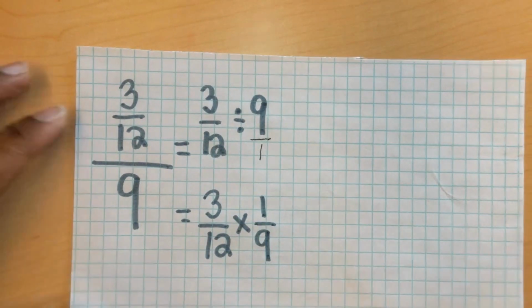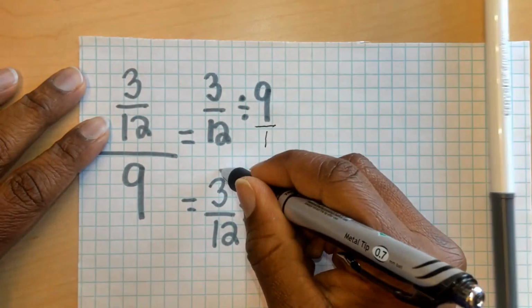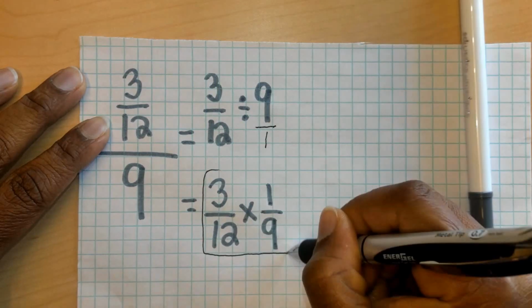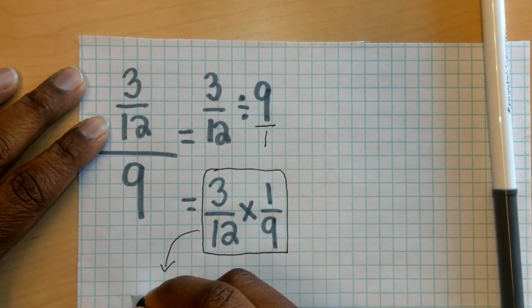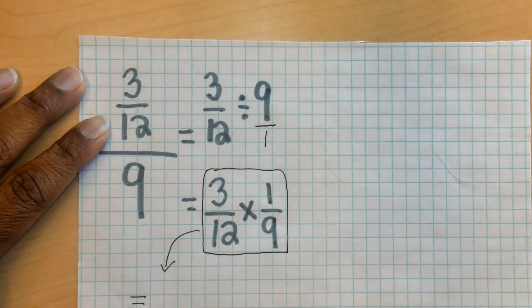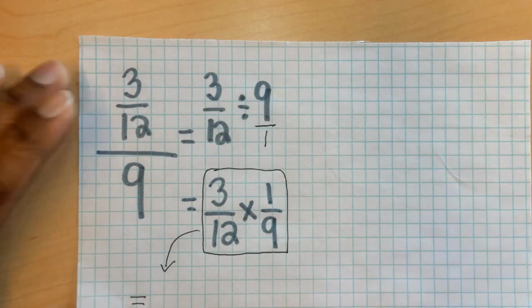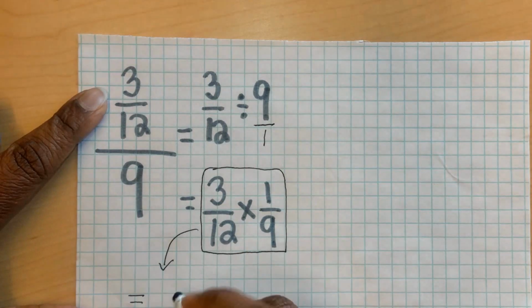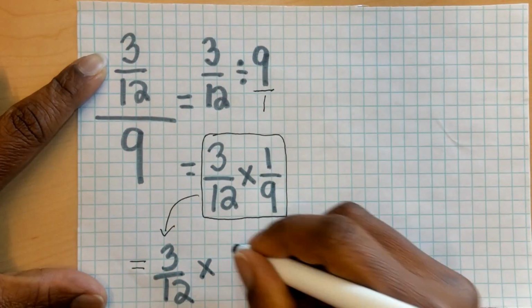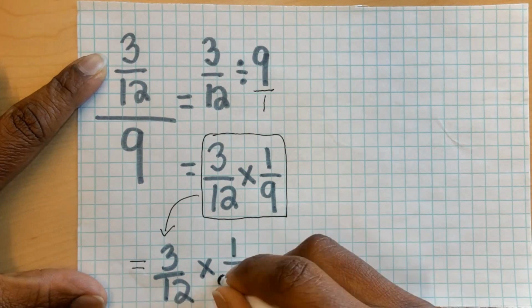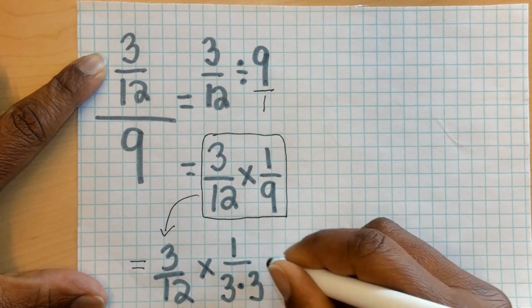I can see that I can easily take this and reduce it by finding roots of 1 by dividing. 3 12ths are going to keep the same, times I can decompose this 1/9 into 3 times 3.